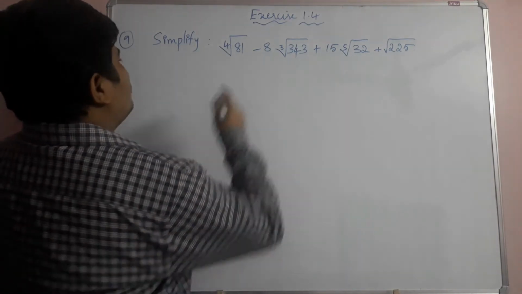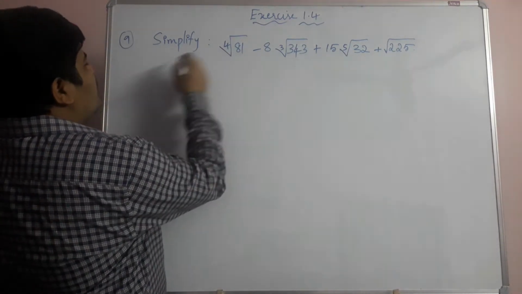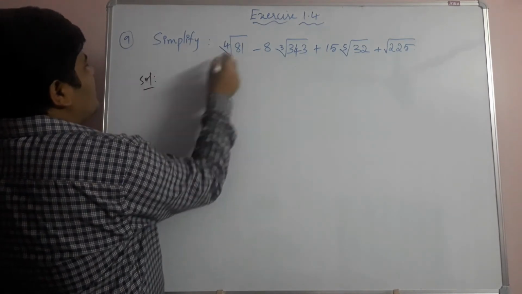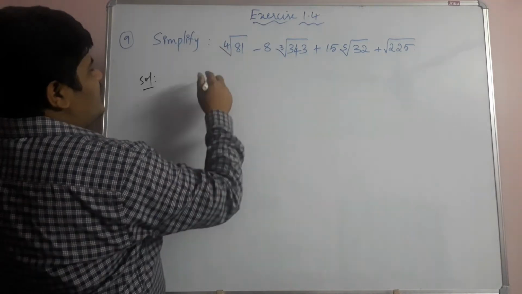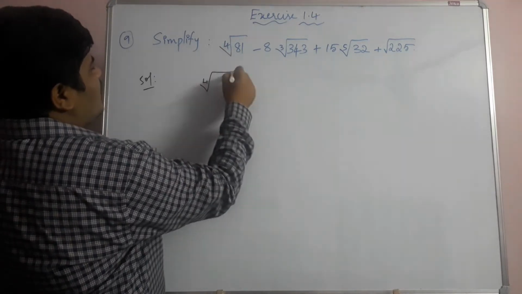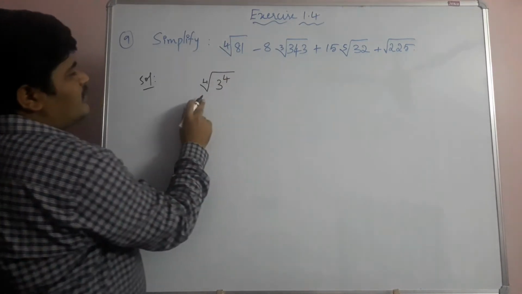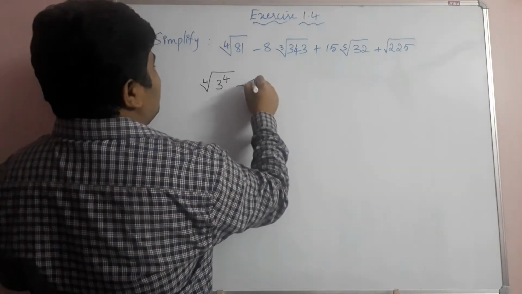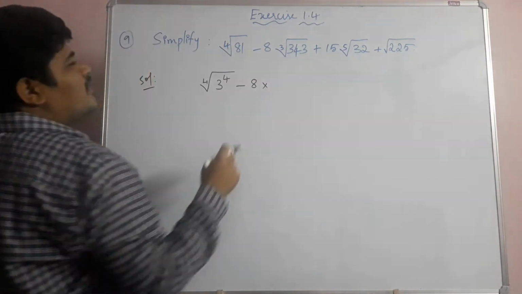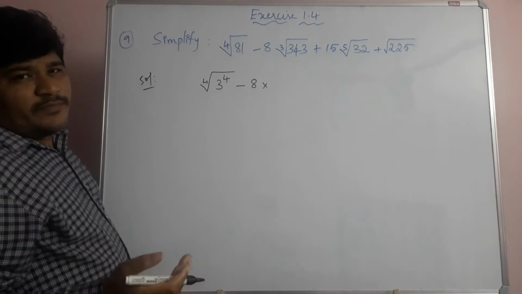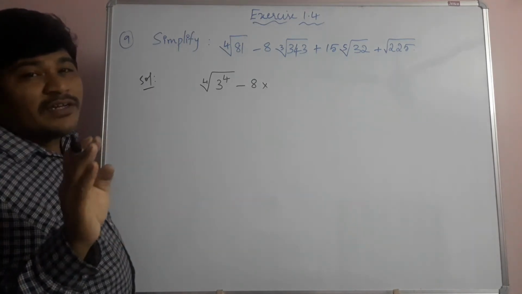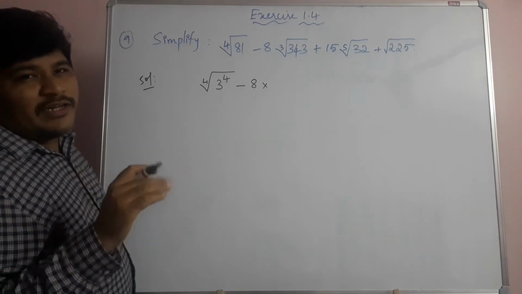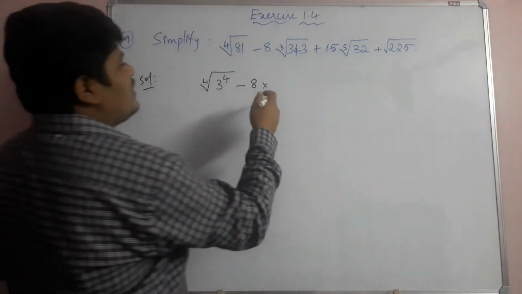So 81 we can write as 3 to the power of 4, and fourth root of 3 to the power of 4, minus 8 into cube root of 343. So exponential form of 343: 7 into 7 into 7. 7 sevens are 49, 49 sevens are 343.